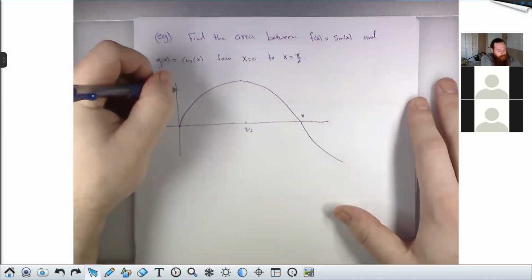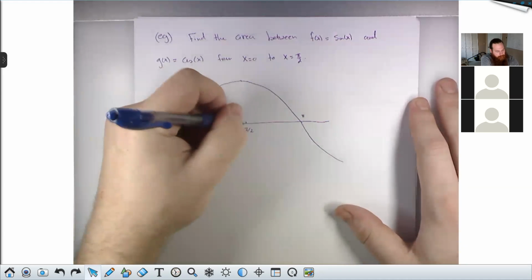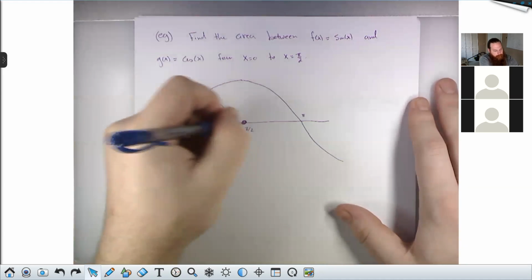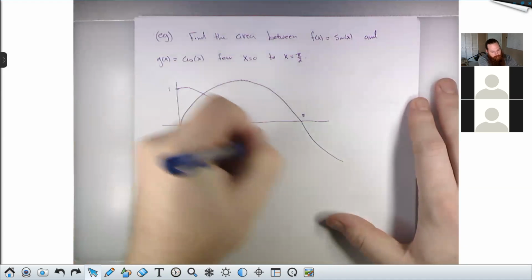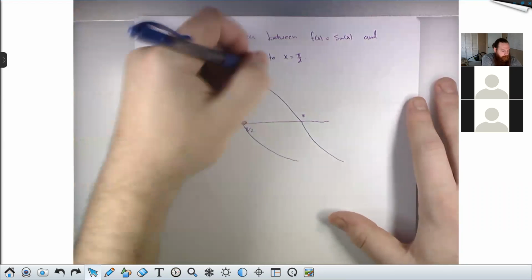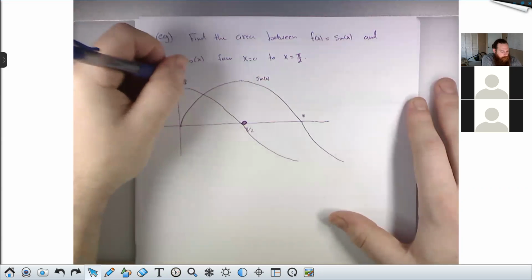And cosine. This is pi over 2, nice big fat point there. Cosine would continue like this. So this is sine x. This is cos x.